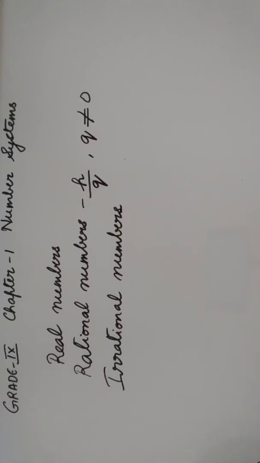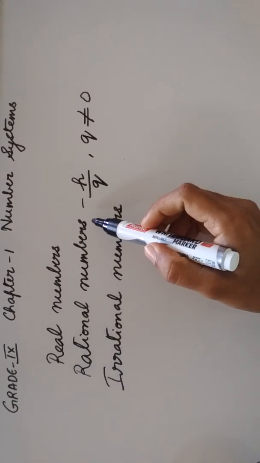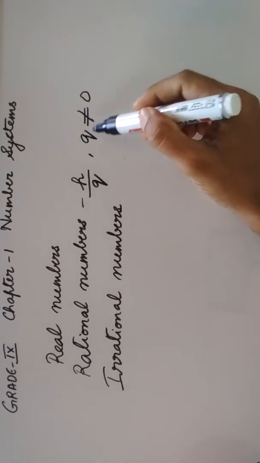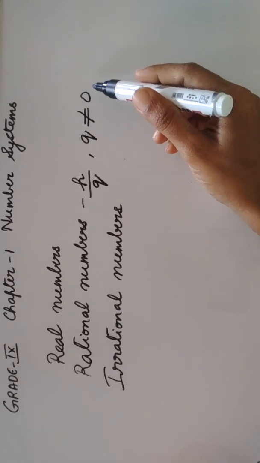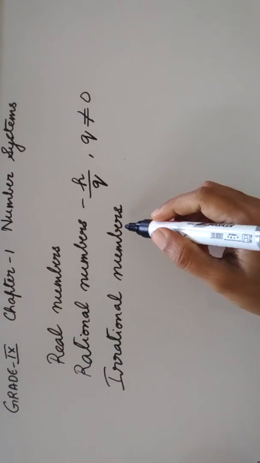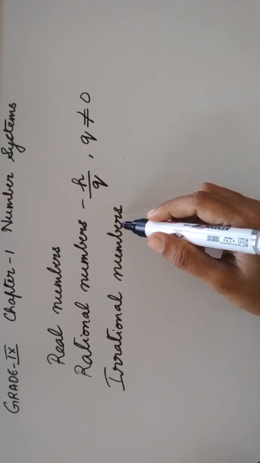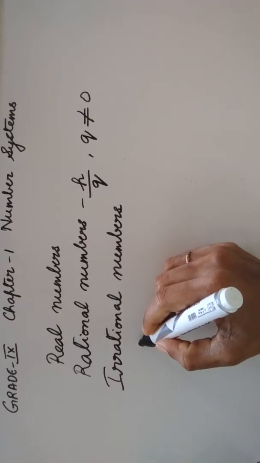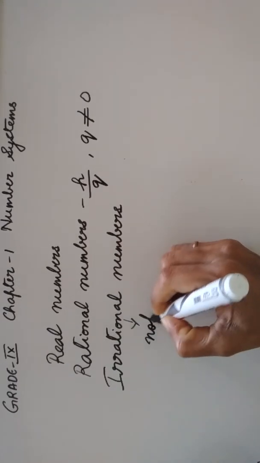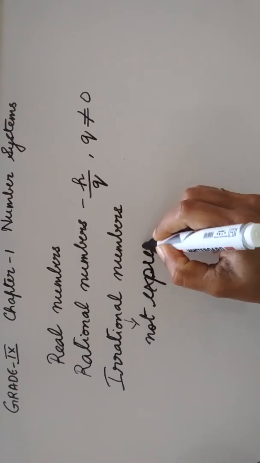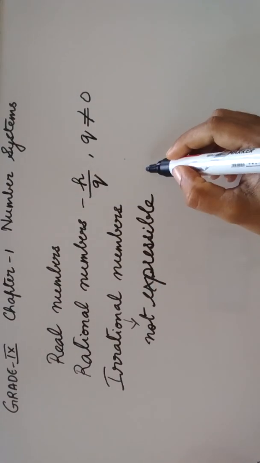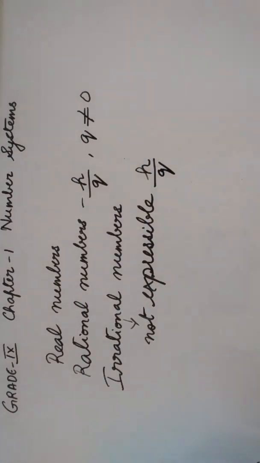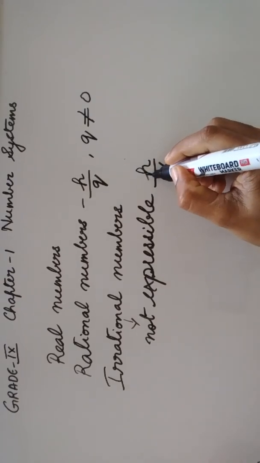Irrational numbers. Now, what are these irrational numbers? Here, the rational numbers are expressed in the form P by Q, where Q is not equal to 0. But irrational numbers are not expressible in the form P by Q, where Q is not equal to 0.